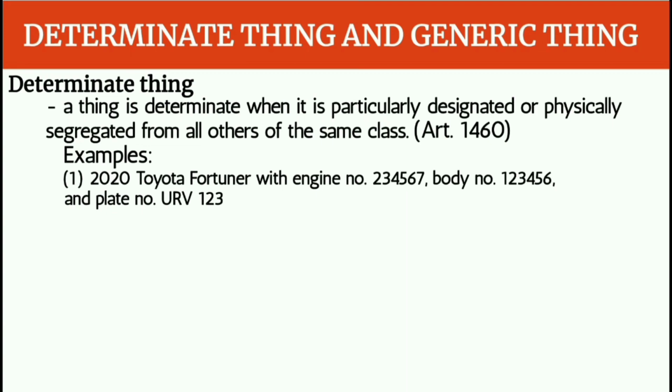Why? Kasi di ba sa isang sasakyan, merong isang plate number. Kada sasakyan, merong unique na plate number. At dahil merong unique na plate number, itong 2020 Toyota Fortuner, this is an example of determinate thing.